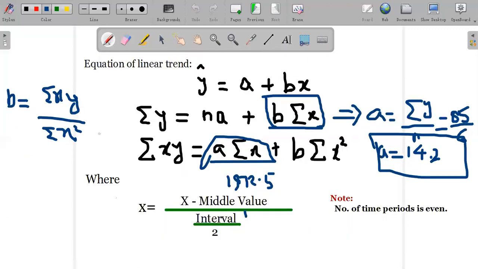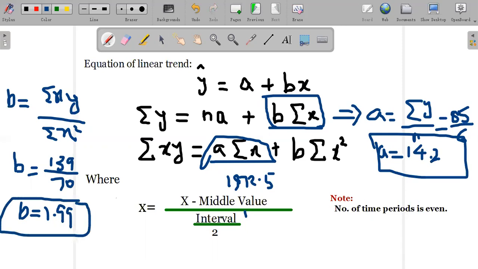We plug in here, so we can find the value of b. 139 divided by 70, so we get b equal to 1.99.